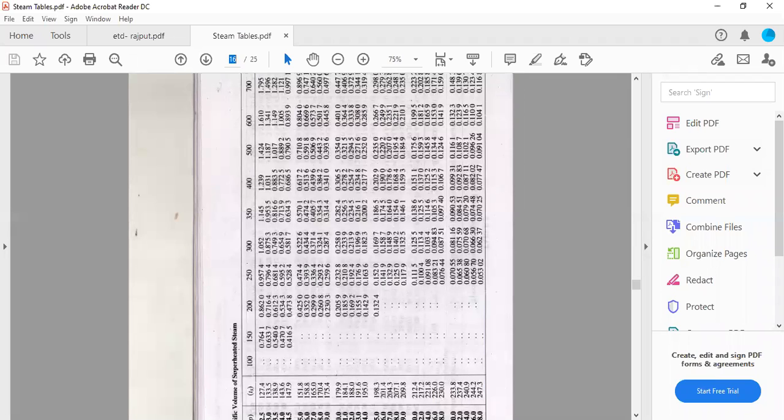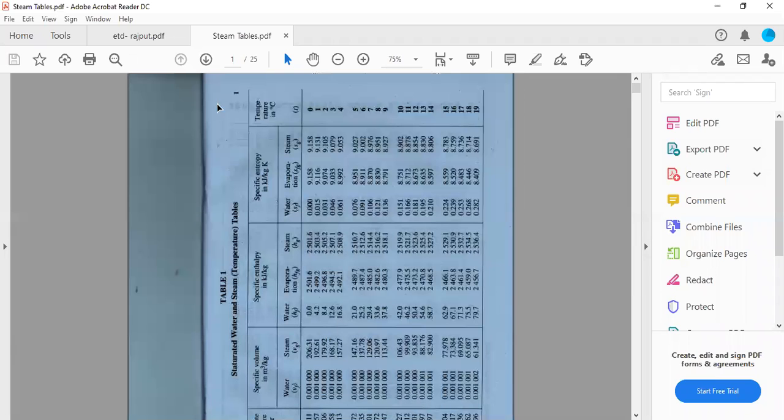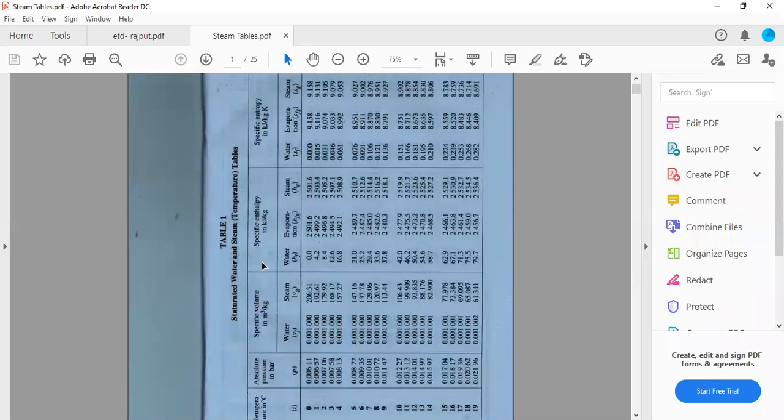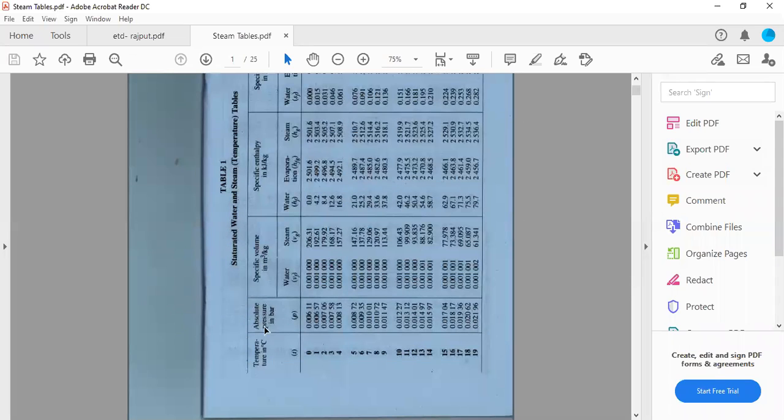That's why, see here, I will again show you. Steam tables, very first page I am showing. See here, in the beginning page only, the properties will be given.